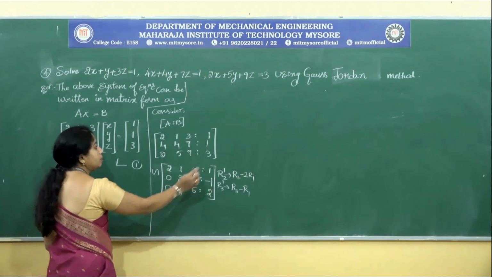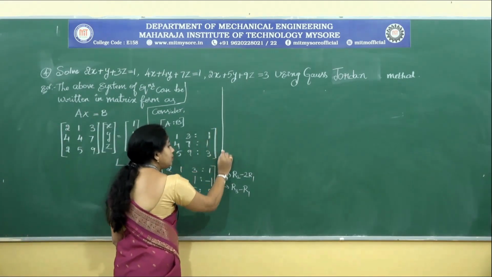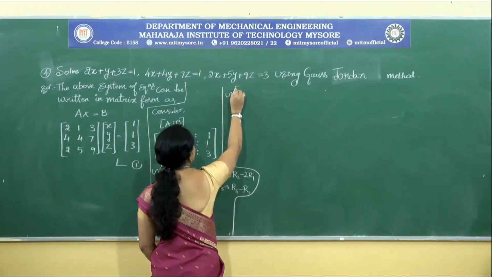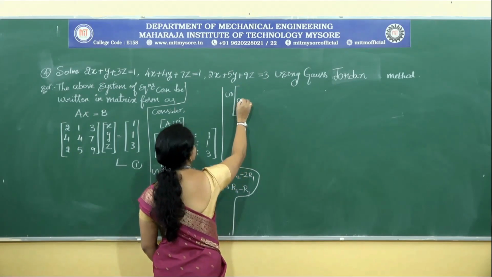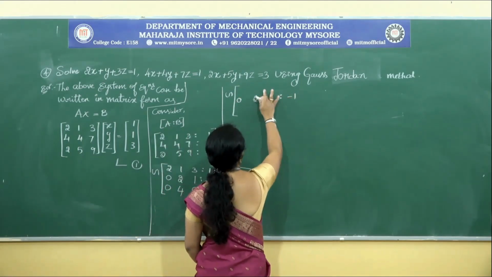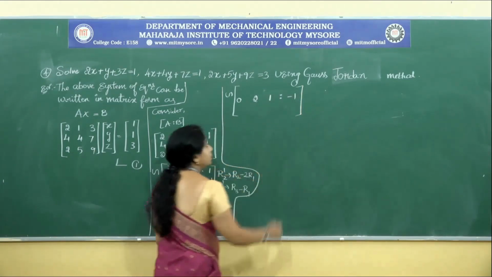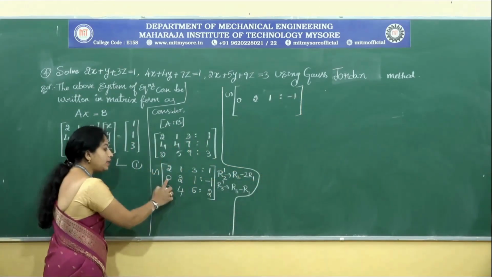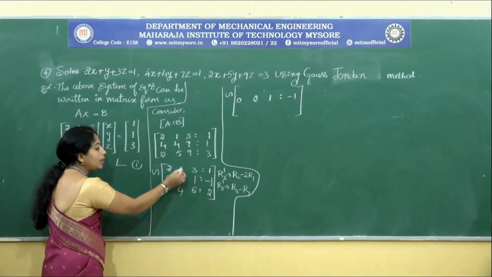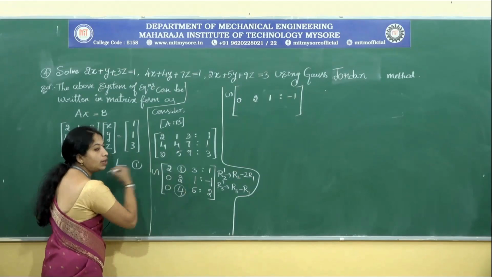Now write this matrix is equivalent to, write the middle row as it is, the middle row is 0, 2, 1, minus 1. I have written the middle row as it is. Now by using the row operation, make these two elements as 0.